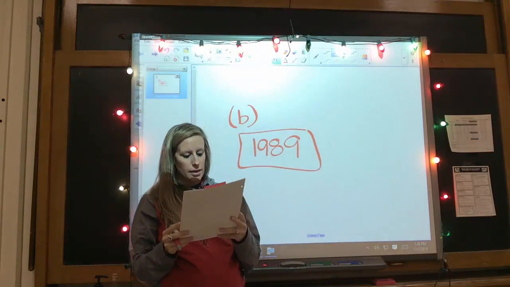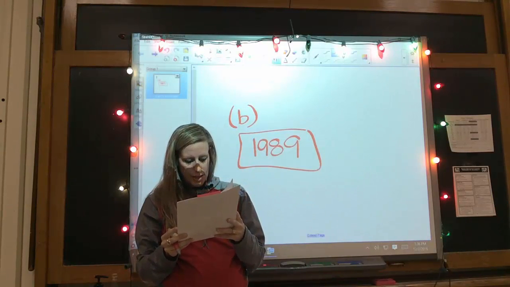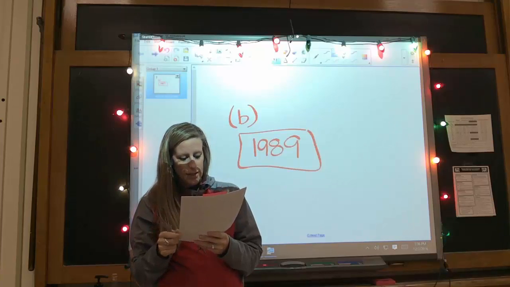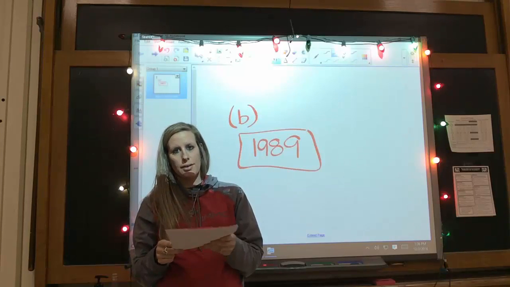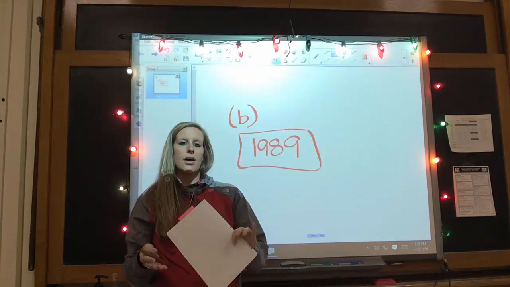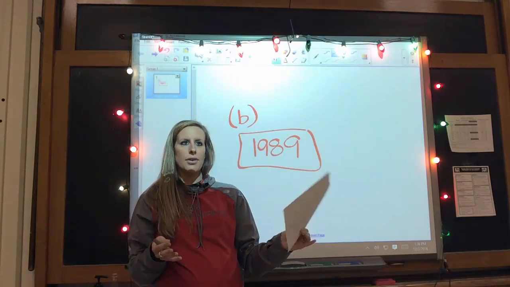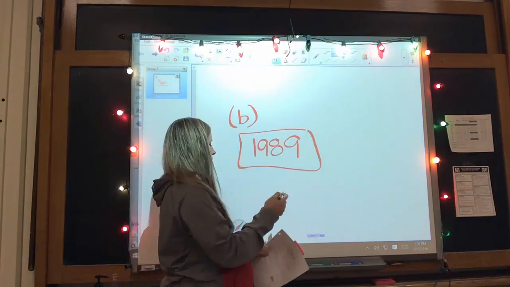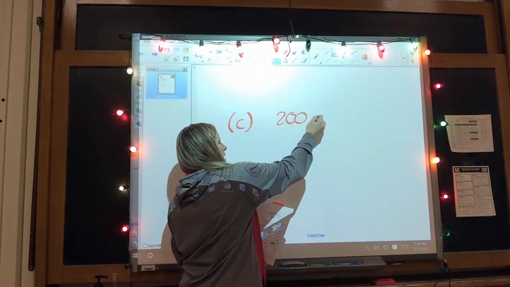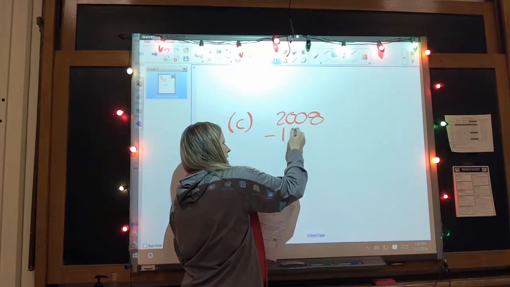Okay, part C. Use the regression equation to estimate the total sales of TV antennas for 2008. Round the answer to the nearest tenth of a million. Okay, so 2008, you have to ask yourself, how many years is that from 1980? So in part C, we have 2008 minus 1980.